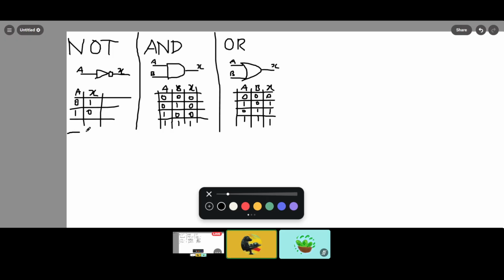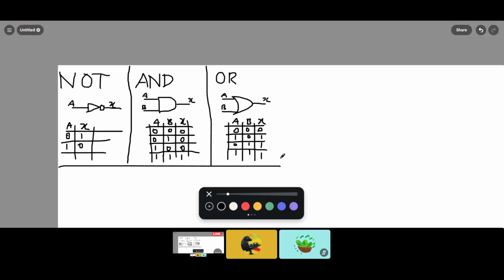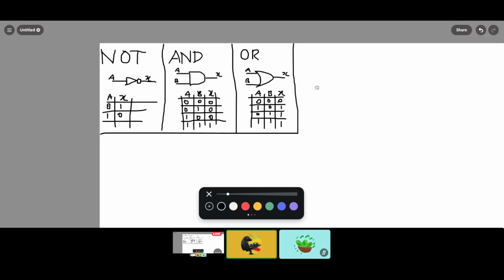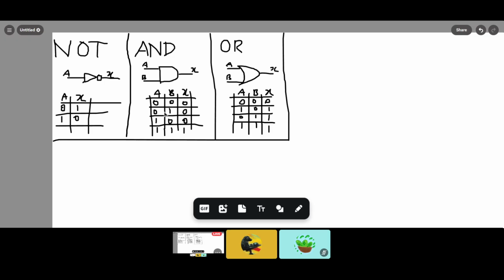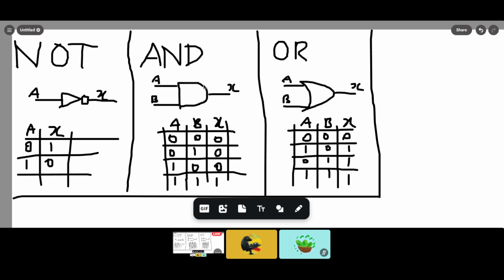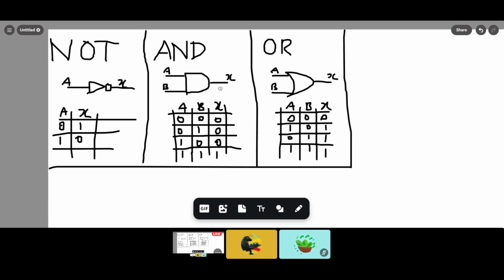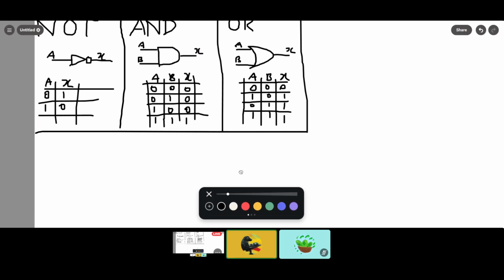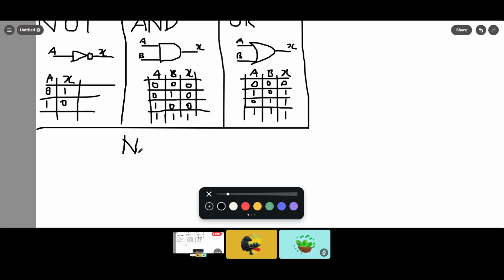So let's go into the more unique ones. There is a different type of AND and OR gates that simply inverse the output. These are the NAND and the NOR gates.